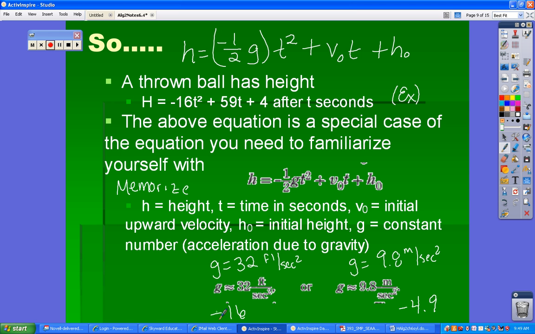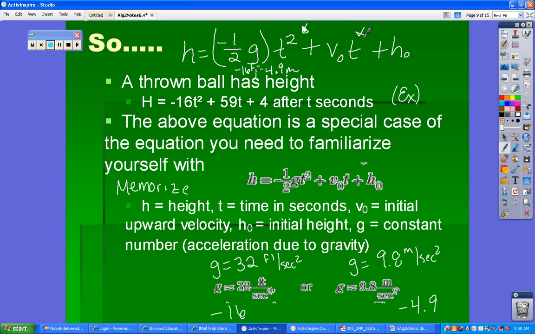Some kids just remember negative 16 and negative 4.9, t squared plus v sub o t plus h sub o. But if you want to, this is the actual formula, negative 1/2 g. But you could remember negative 16 for feet and negative 4.9 for meters if you want, instead of the 1/2 g.